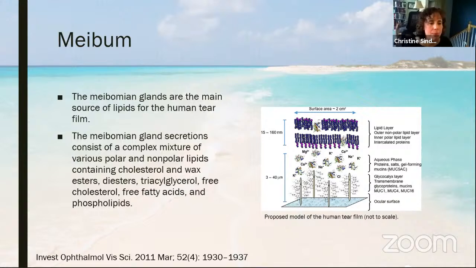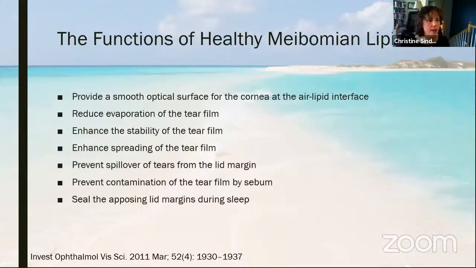And the meibum is that top layer of the tear film that prevents evaporation off the surface of the tears, off the ocular surface. Now, the composition of the meibum will affect things like your contact lenses, because different types of waxes and esters and fatty acids and cholesterols will stick to the surface of the contact lens and can create a non-wetting situation on the eye.